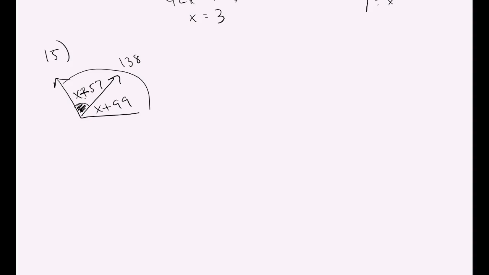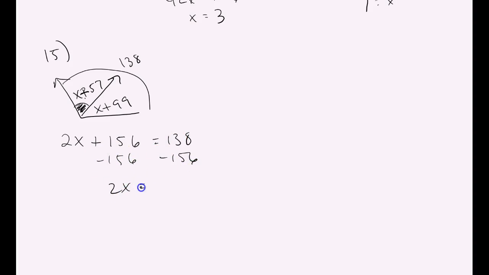So this is just adding a step. So we still add these together. So 2x plus, what would that be? That would be a 6, 156 equals 138. Okay, so I'm still just, I add this one and this one together, and now I'm just going to math this.